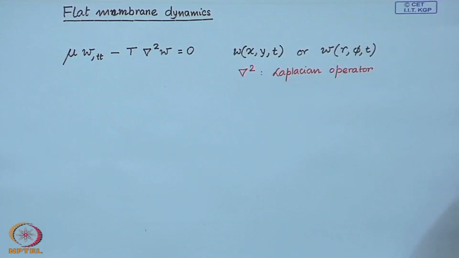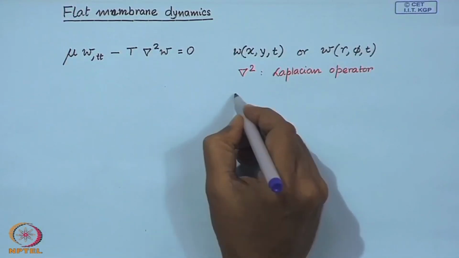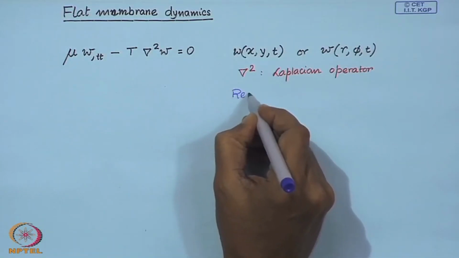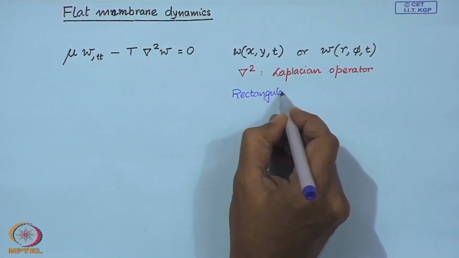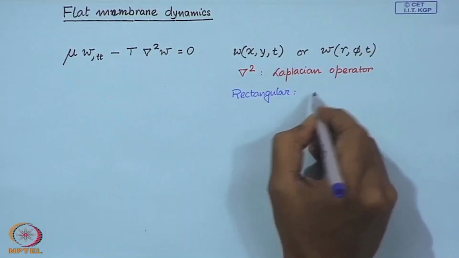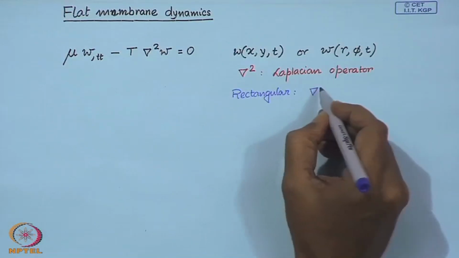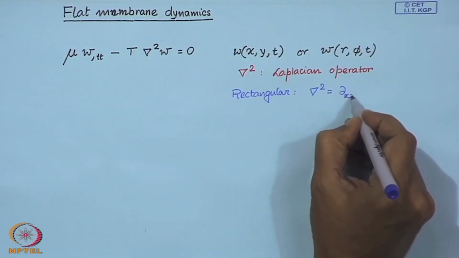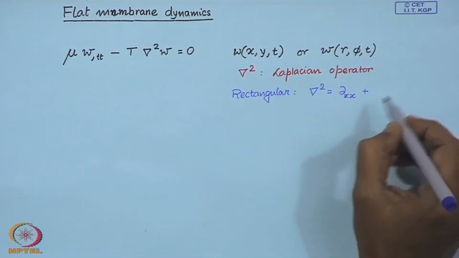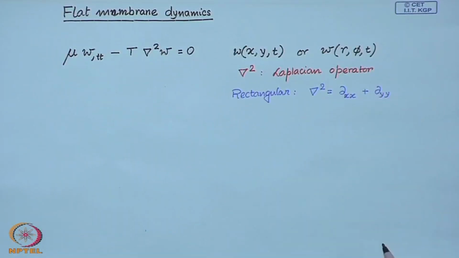So, in the case of a rectangular membrane, in the Cartesian coordinate system, nabla square is double derivative with respect to x plus double derivative with respect to y.